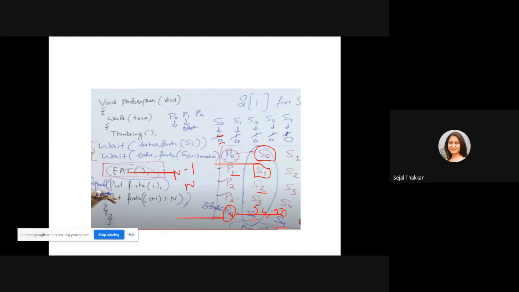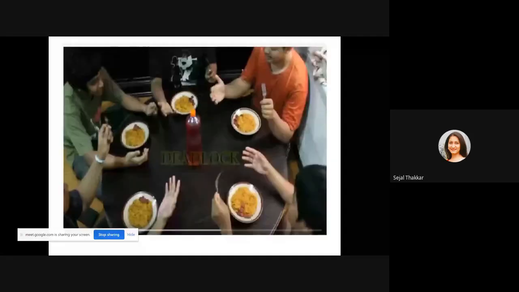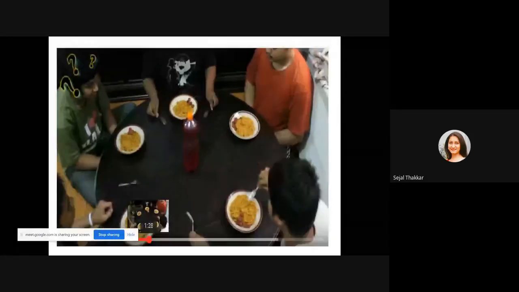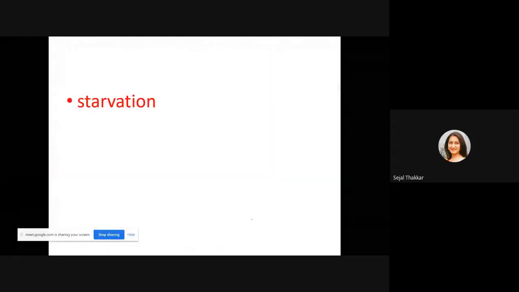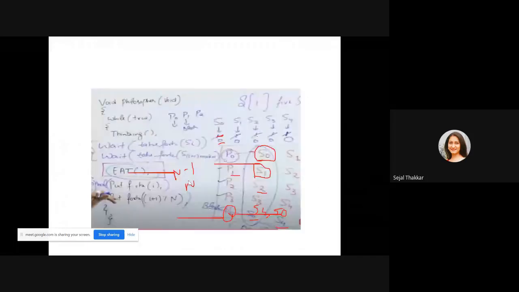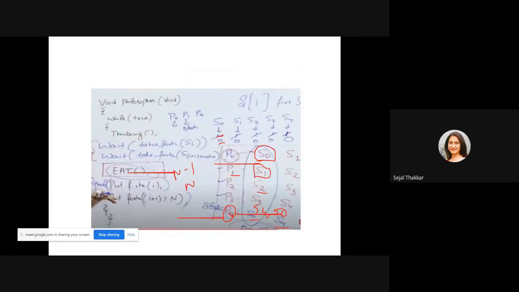So what is going to happen? Whenever P4 comes here, you need to change the sequence from S4 then S0, to S0 then S4.